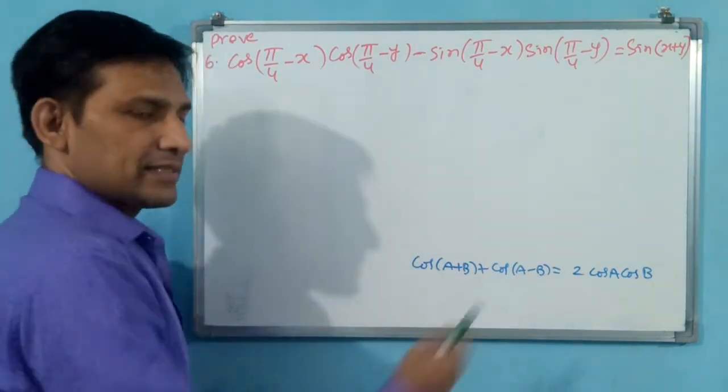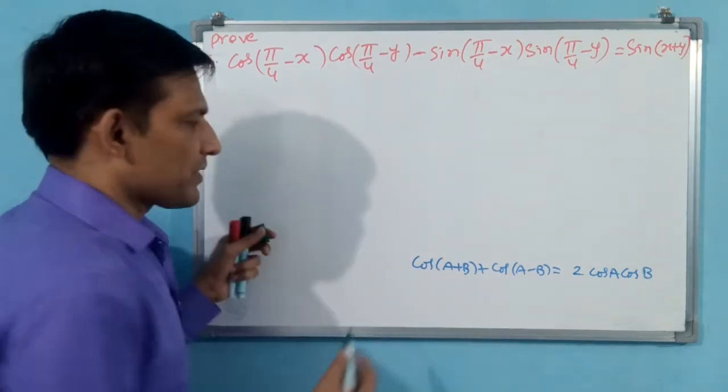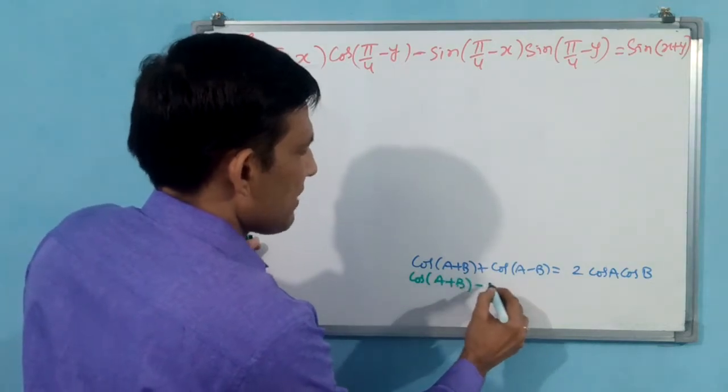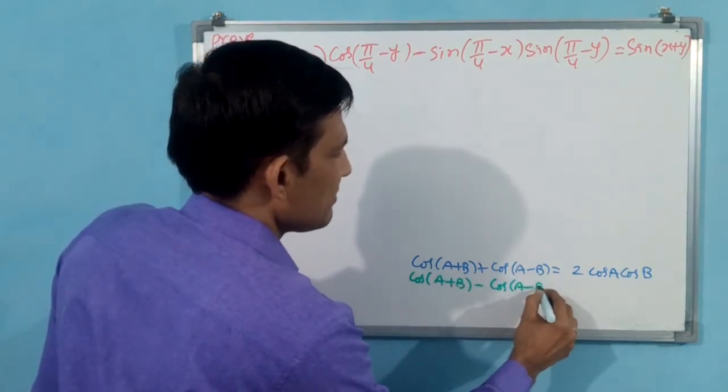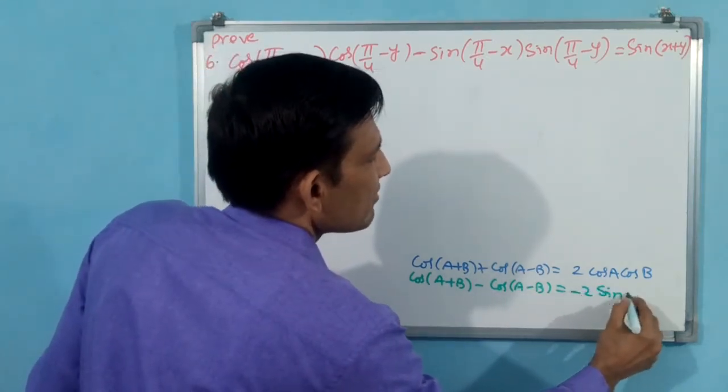Why? Because see, the sin side is going to get cancelled when you add. When you subtract, cos of a plus b minus cos of a minus b is equal to minus 2 sin a sin b.